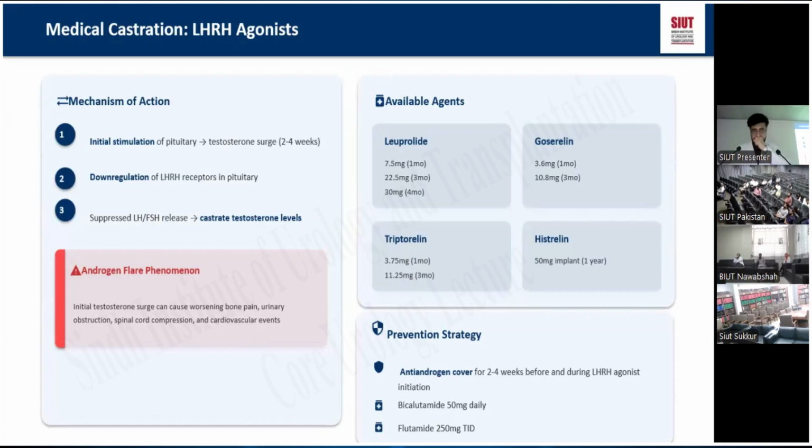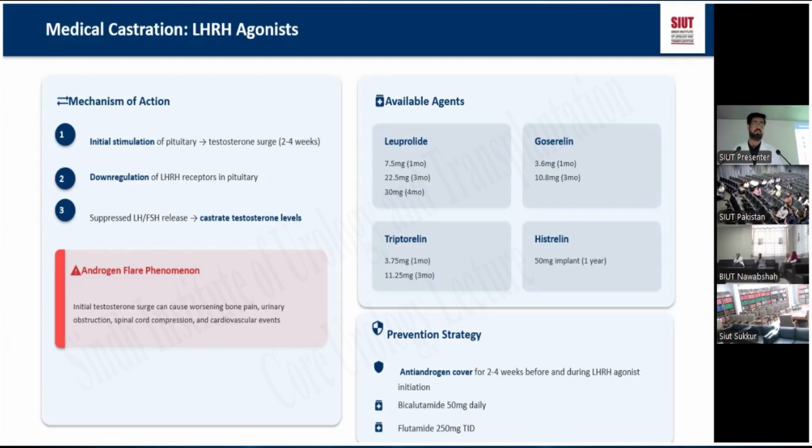Then, LHRH agonists. They initially stimulate the pituitary gland, so there is a testosterone surge for 2 to 4 weeks. Then later on, after 2 to 4 weeks, it downregulates the LHRH receptors in the pituitary and suppresses LH and FSH release. Normally, LHRH is produced from the hypothalamus in a pulsatile way.